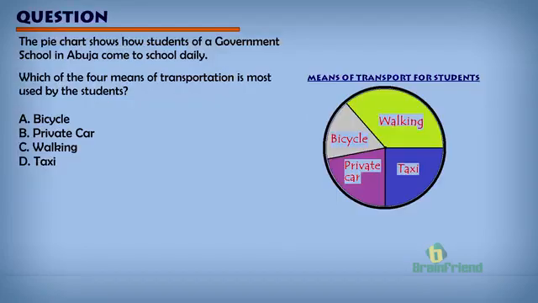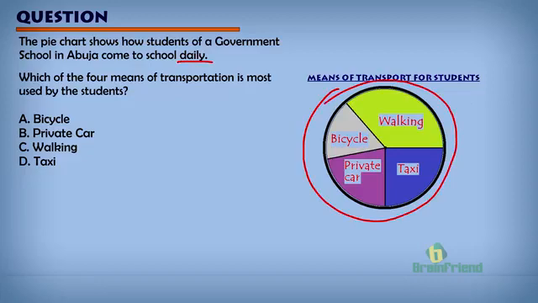To test ourselves, let's take 1 or 2 questions quickly and see how far we've learned. The pie chart shows how the students of a government school in Abuja come to school daily. All right, this is our pie chart here. And it shows us the different means through which students come to school in a government school in Abuja. Which of the 4 means of transportation is most used by the students? Most used.